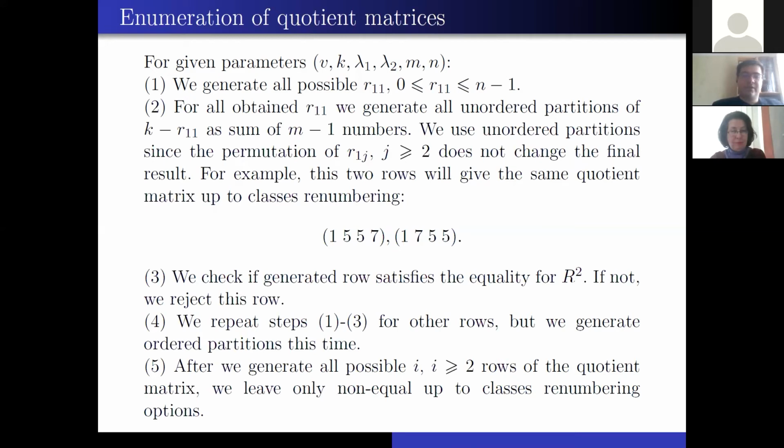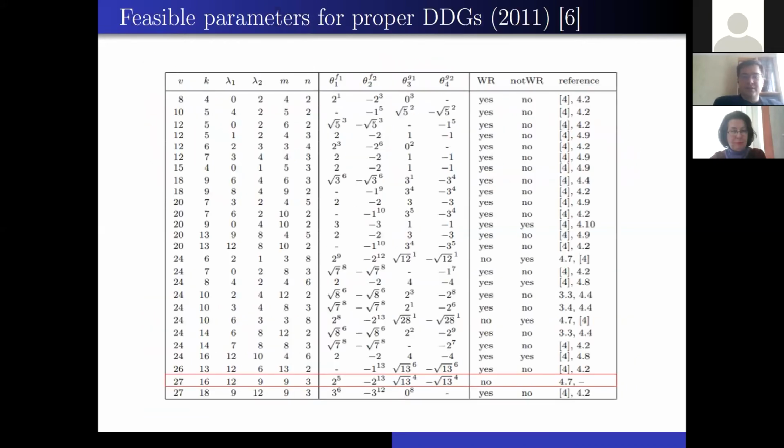After we generate all possible rows of the quotient matrix, we leave only options that are non-equal up to class numbering. So here is the table of all feasible parameters for proper DDGs up to 27 vertices, which was given in a paper on divisible design graphs, and the case marked red was not resolved.